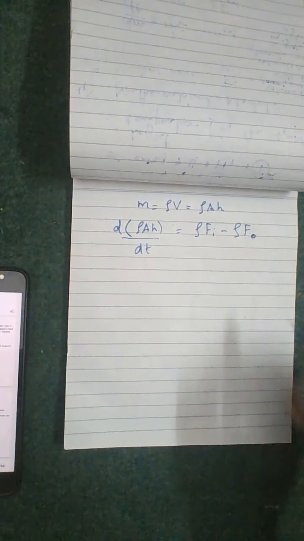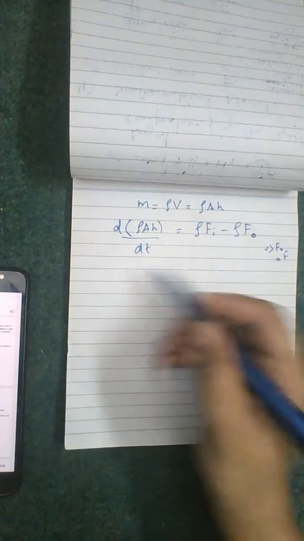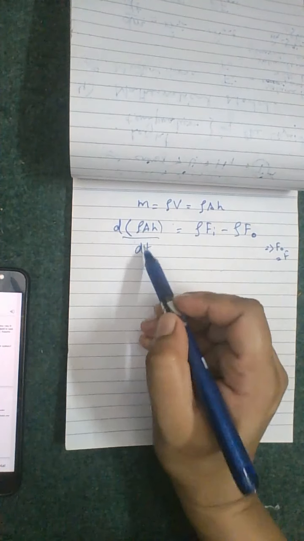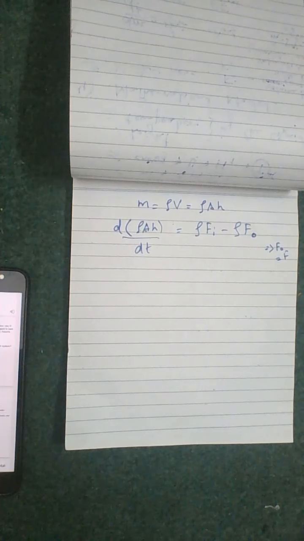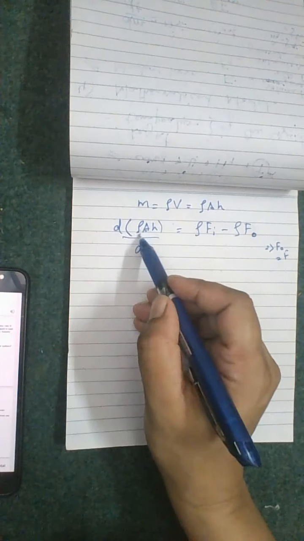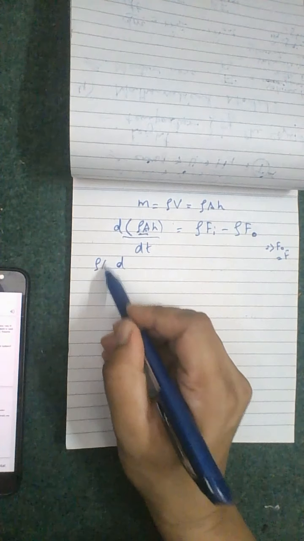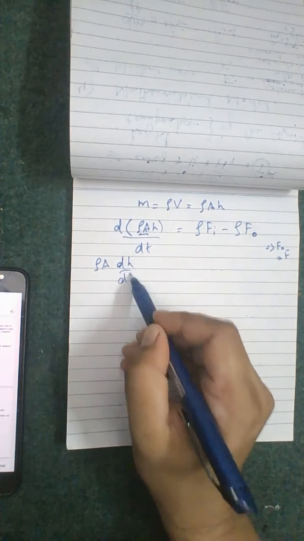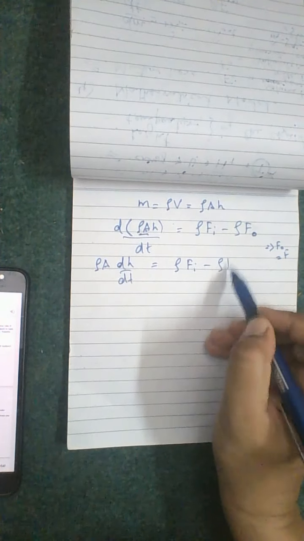Now in this case our volumetric flow rate out is equal to F, and the density and area are constant, because neither the density of the liquid is changing nor the area of the tank can change. So these two can come out of the derivative: rho A dh over dt is equal to rho Fi minus rho F.